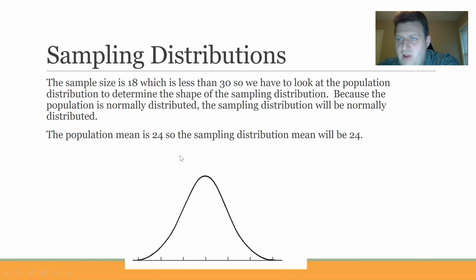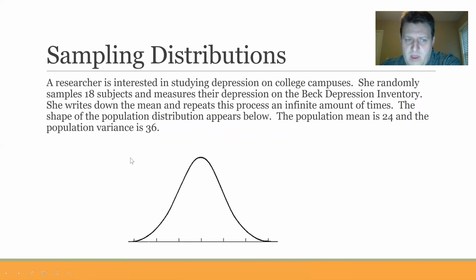For the standard error of the mean, this is the population standard deviation over the square root of n. I gave you the population variance. So I want you to be mindful that sometimes you're going to need the standard deviation, and I'm going to give you the variance. Sometimes you're going to need the variance, and I'm going to give you the standard deviation. Be mindful of that.